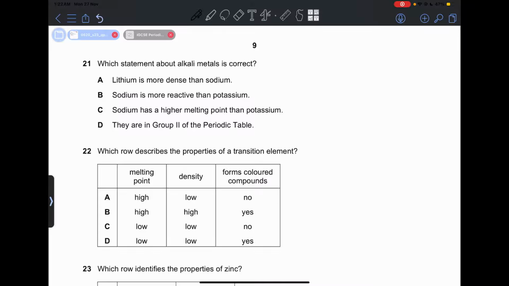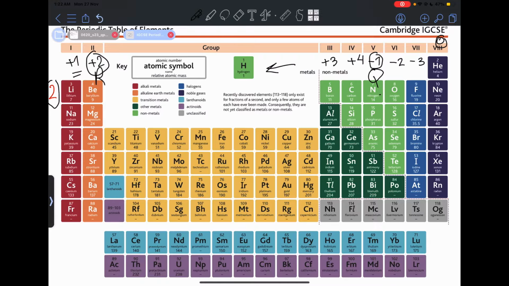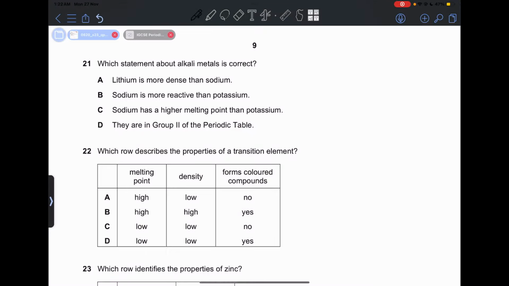This is an incorrect statement because we know that sodium and potassium are in group 1, and we know that reactivity increases down the group and does not decrease. Francium over here is the most reactive, and lithium is the least reactive. So let's see. C says sodium has a higher melting point than potassium.